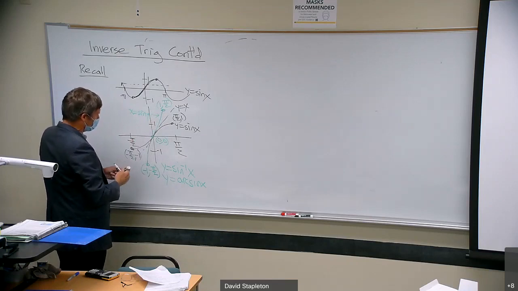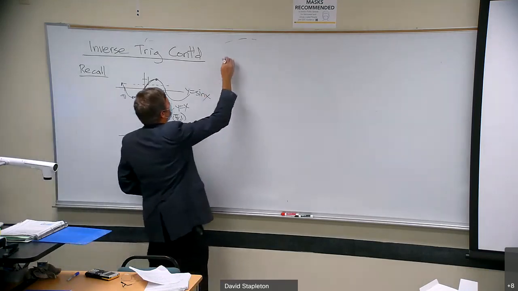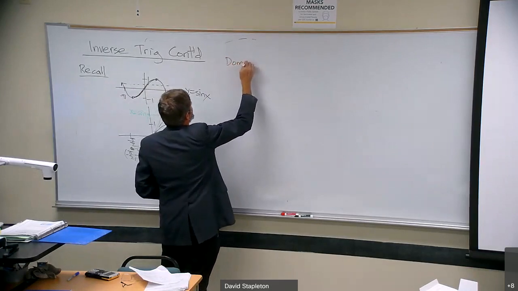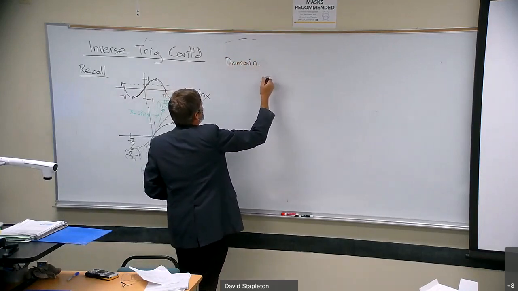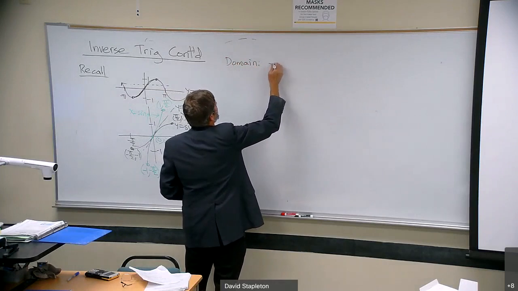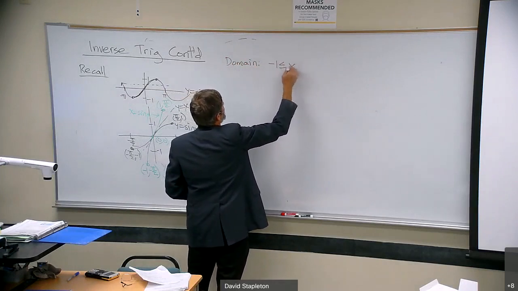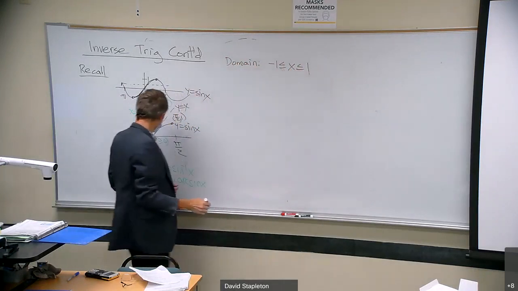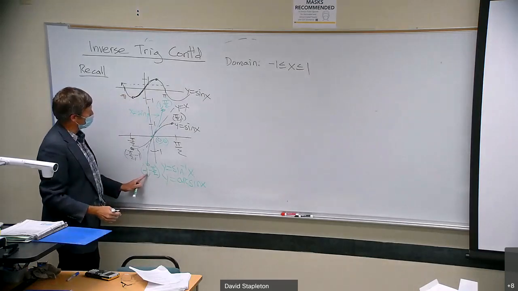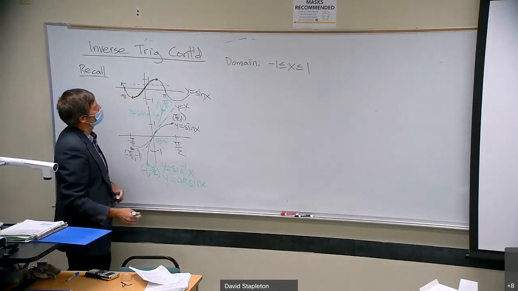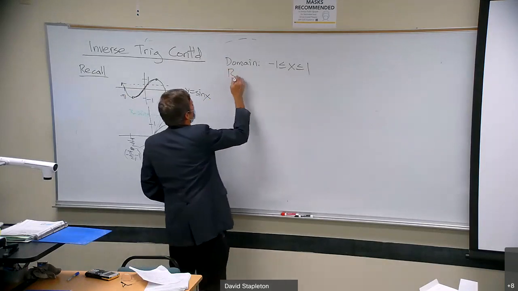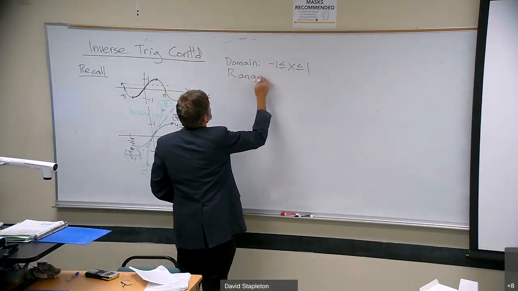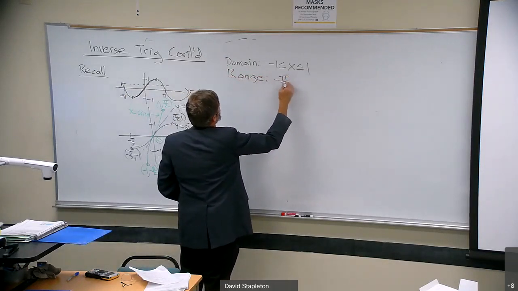And then when you look at it, you find out its domain, the set of all x values you can put into it and get out a y value, is minus 1 less than or equal to x less than or equal to 1. Right? Because the smallest x value is minus 1, the biggest x value is plus 1. The range, the set of all y values you can get out, we said, minus pi over 2 to pi over 2.